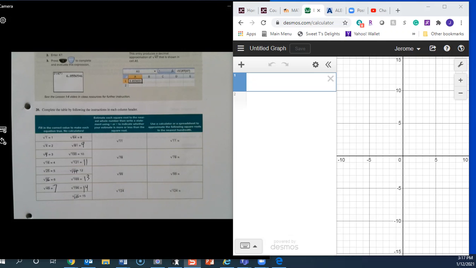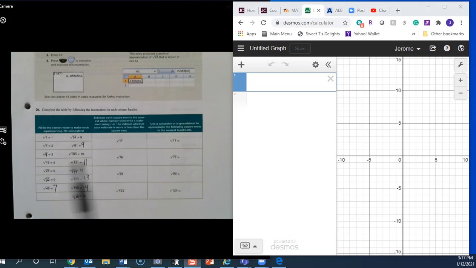Now we come here to the middle section. It says estimate each square root to the nearest whole number, then write a statement using greater than or less than to indicate whether your estimate is more or less than the square root. So I'm assuming that they do not want you to use a calculator here.